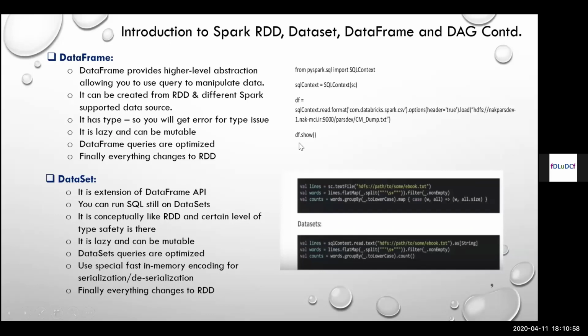When we do the practical session, we will work on RDDs separately, as well as on data frames, at the coding front. For example, here we are doing flatMap and groupBy. This type of expression we'll be using explicitly in our practical session, and that will be more interactive.